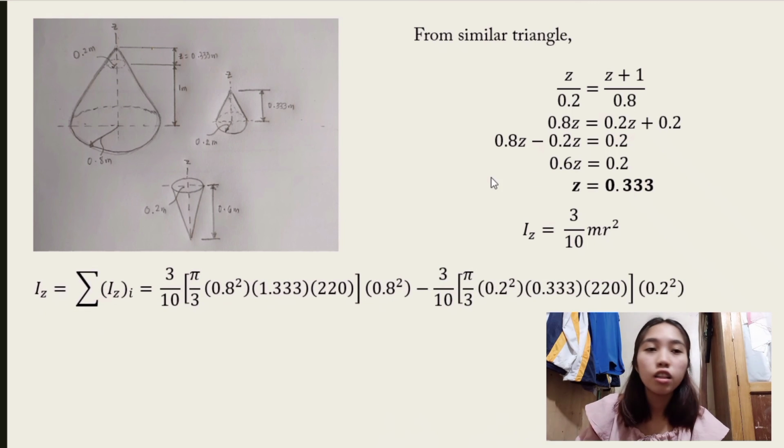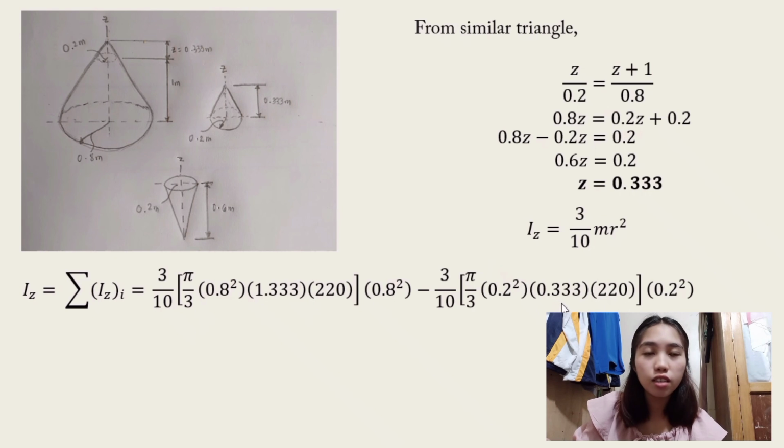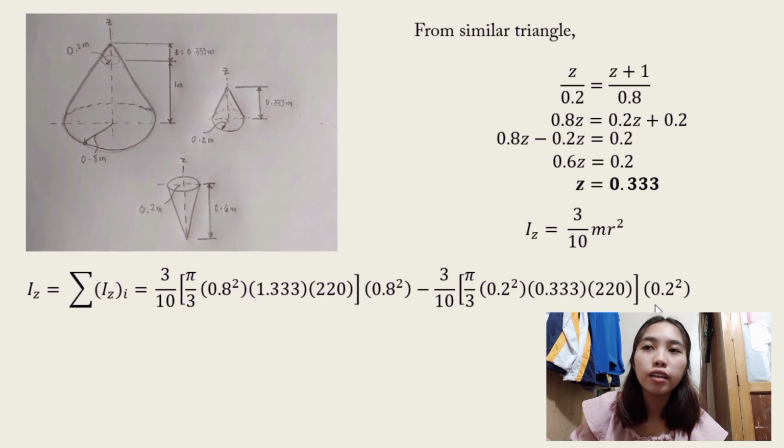So inertia along z-axis is equal to the summation of inertia along z-axis of an element, equals 3 over 10 times pi over 3 times the radius of the big cone times 1.33, which is z plus 1, where z is 0.333, times the density, which is 220, times the radius squared, minus 3 over 10 times pi over 3 times 0.2 squared, which is in the second free body diagram, times 0.33 because the z is 0.333, and then times the density multiplied by the square of the radius, which is 0.2 meters.